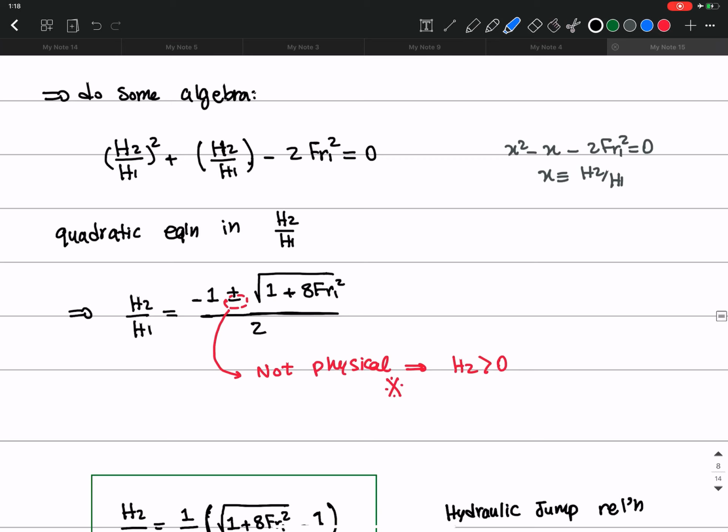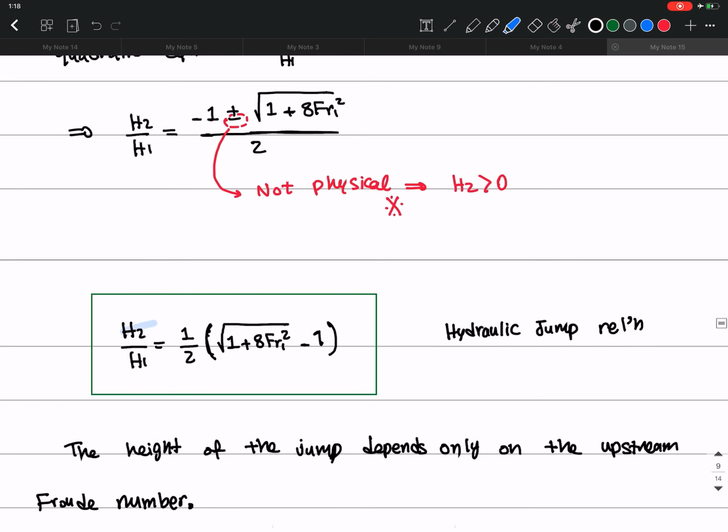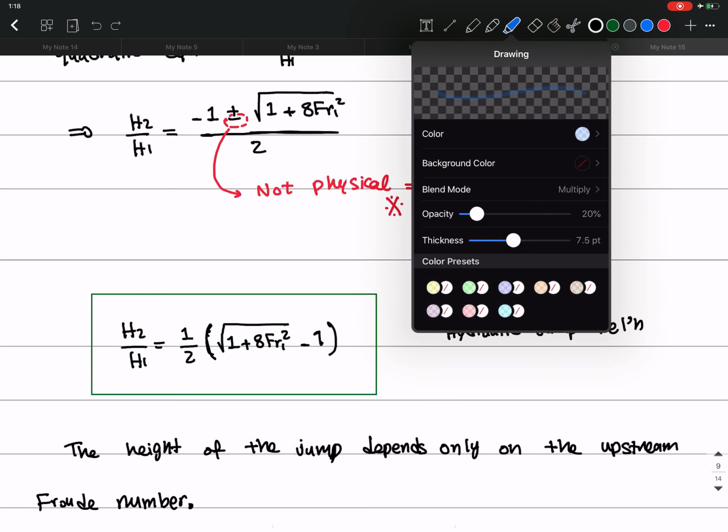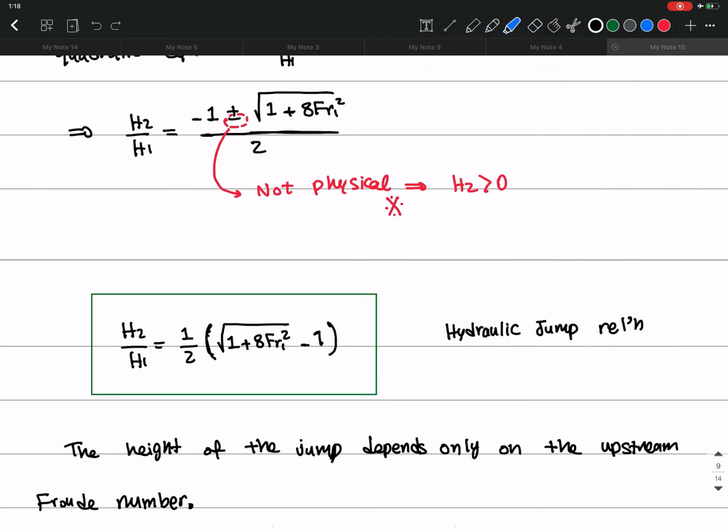By rearranging the terms, we found that the depth of the flow after the hydraulic jump can be found from the upstream flow number according to this formula.